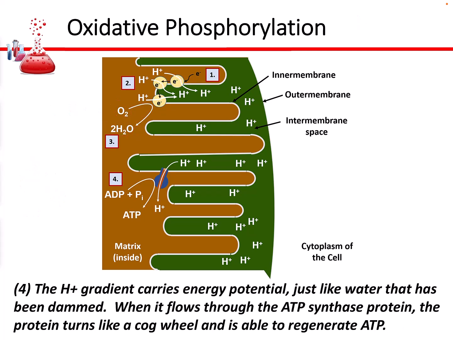And then in step 4, that proton gradient that is formed in the intermembrane space is going to be released through the ATP synthase protein shown in blue. The protons rush back into the matrix, and they actually physically turn that protein like a pepper grinder.